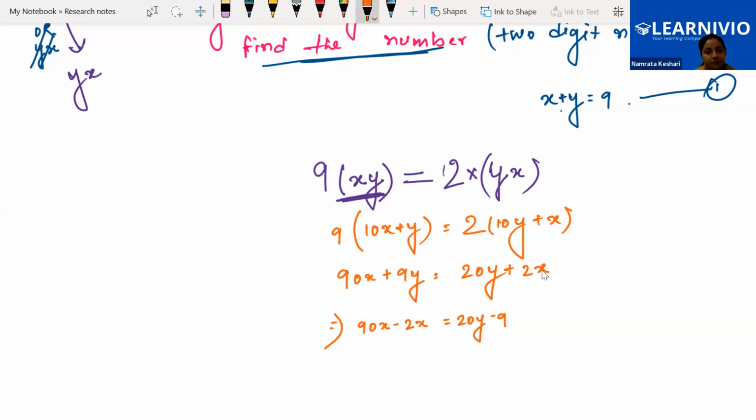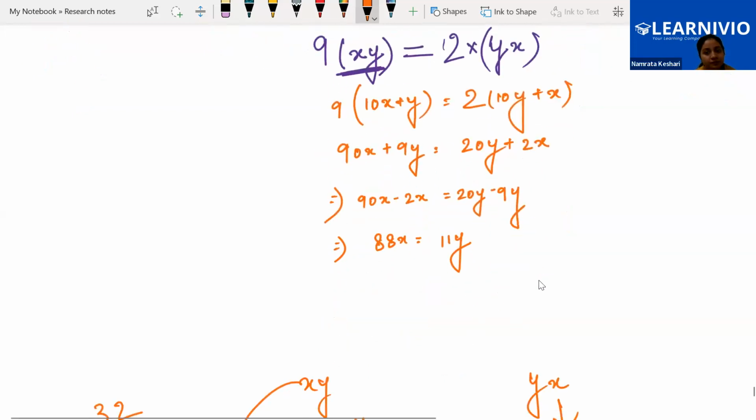So which is 88x, which equals 11y. So we can write it as 88x minus 11y equals 0, right, Arya?